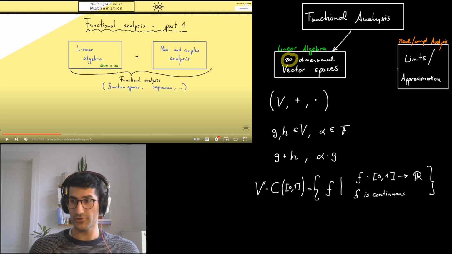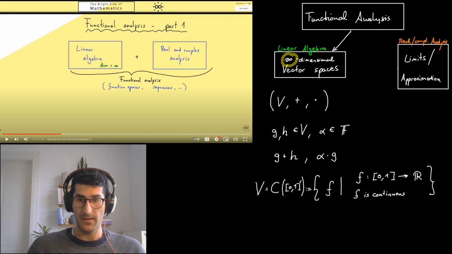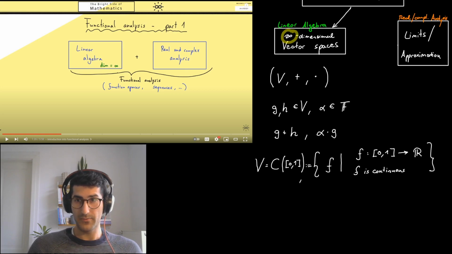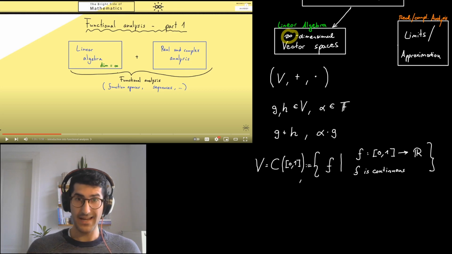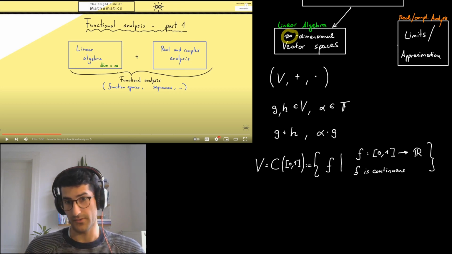Now, for functions, you may recall that these functions naturally form a vector space. Let us maybe also quickly recall how the addition and the scaling of continuous functions works.